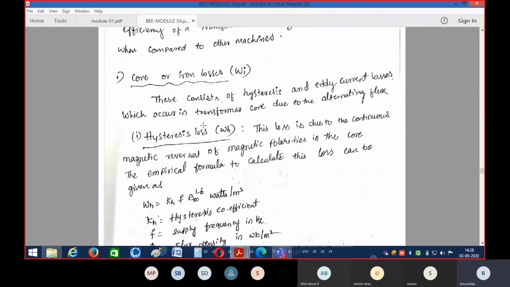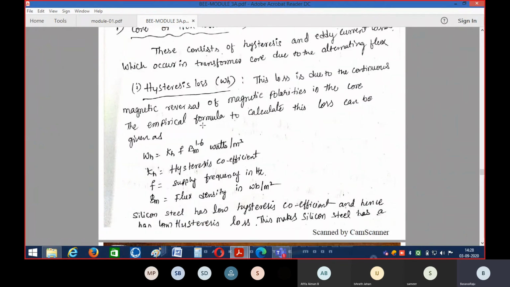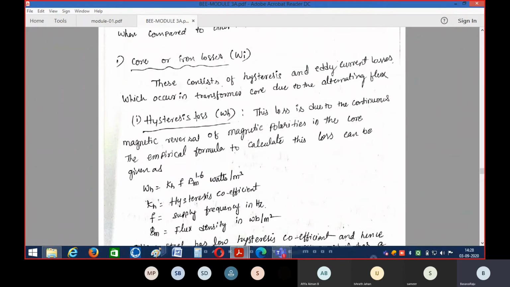Core loss consists of two types of losses: hysteresis loss and eddy current loss. Both these losses combined we call core loss, or iron loss, or also constant loss.